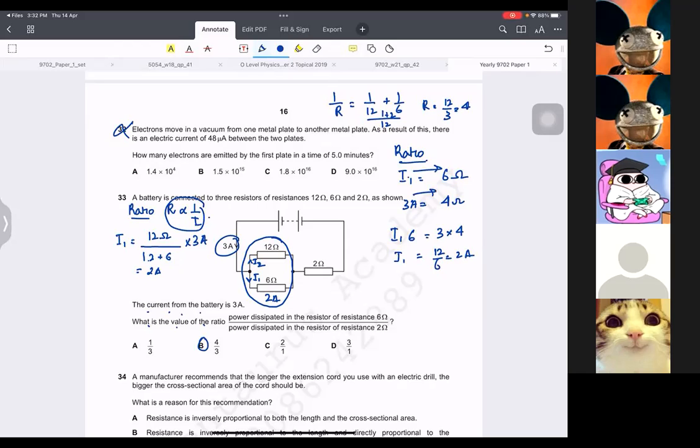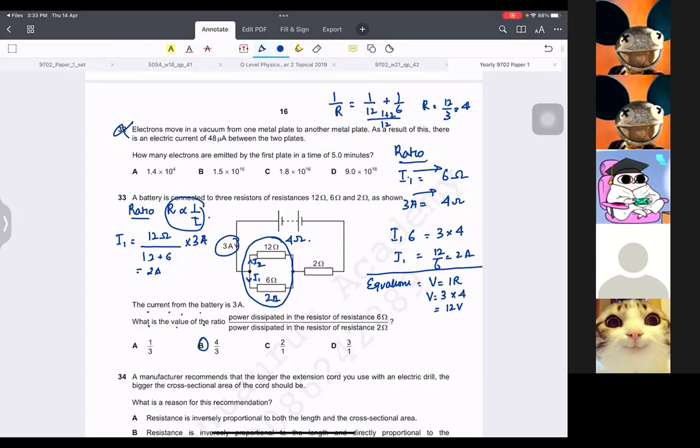One longer method is that once you know the whole is 4, you find the voltage. So now I'm using equations. Voltage is IR. I want to find the total voltage given to these. The total current is 3 and the total resistance is 4, so voltage is 12 volts, right?